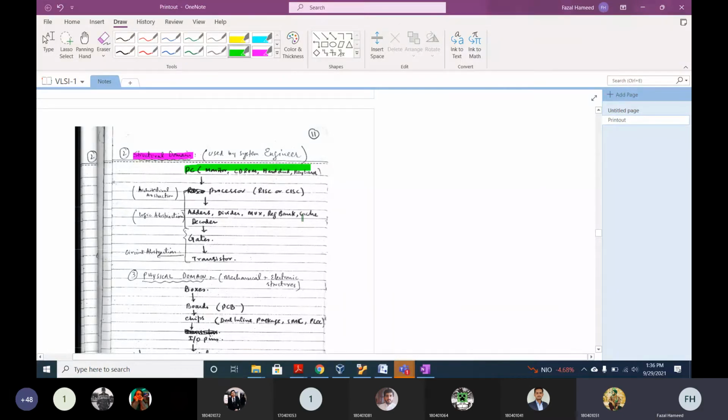Now if you look at the architectural abstraction, from this PC we are only taking one component, the processor. We already studied the processor in embedded systems. What does the processor consist of? It consists of an arithmetic logic unit, instruction fetch unit, instruction decode unit, and load store unit.